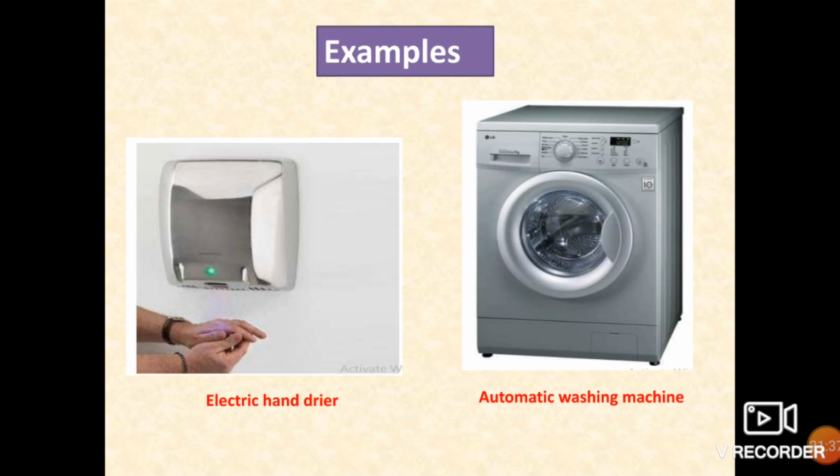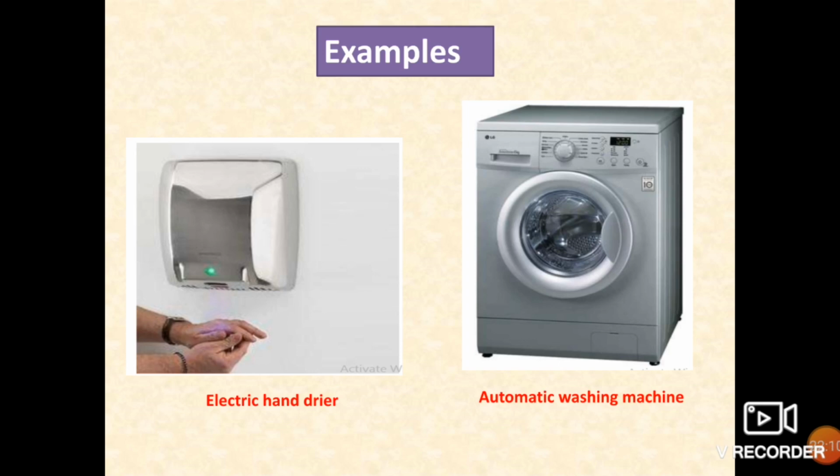So in this case, from this electric hand dryer open loop control system, we are getting a controlled output. What is the controlled output? Hot air. The hot air is coming, but this hot air is not automatically corrected depending upon the variation in its output. That is, even when the hand is dried, the hot air keeps coming out of the electric hand dryer.